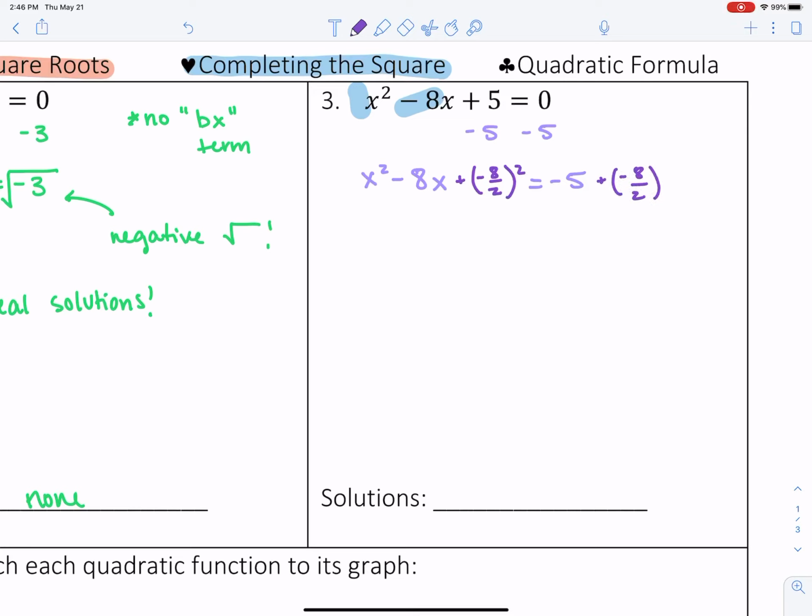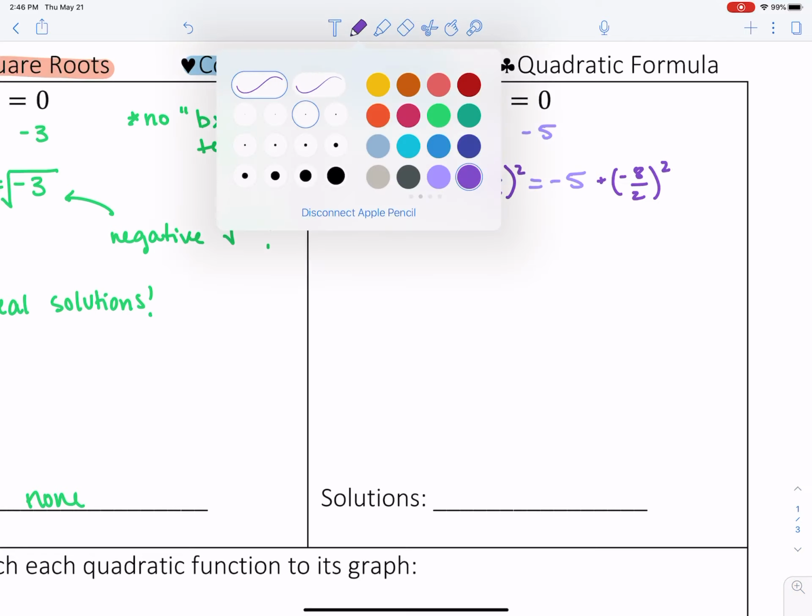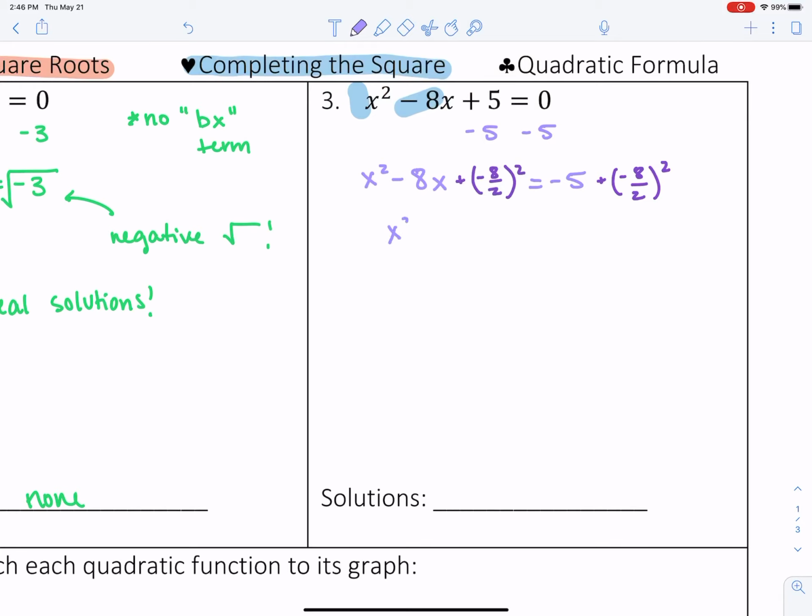And if you already felt like doing that mental math, you would have said x squared minus 8x plus 16, because that's negative 4 squared, which is 16. On the other side, negative 5 plus 16 is 11. You also could have factored at that step, and you get x minus 4 squared is equal to 11.